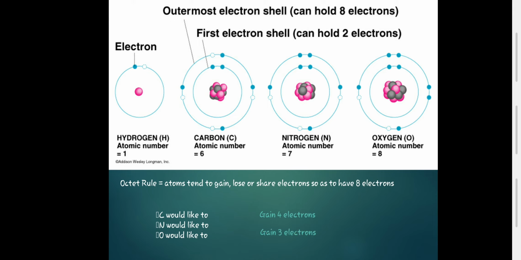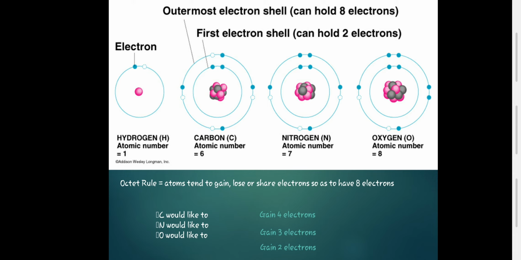Nitrogen would like to gain 3 electrons. And oxygen would like to gain 2 electrons. So, in the valence electrons, we have the atomic number of carbon, which is 6, the atomic number of nitrogen, which is 7, and the atomic number of oxygen, which is 8.